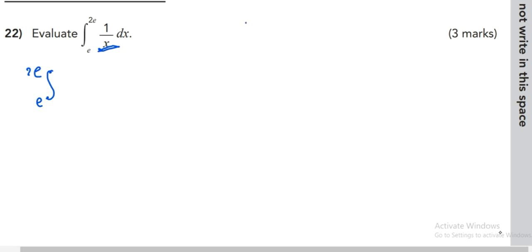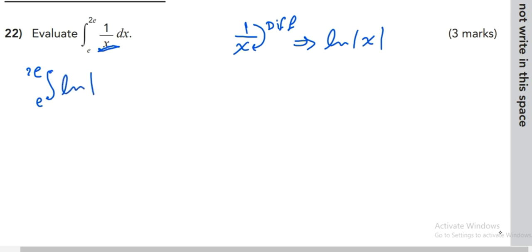Here if we have a fraction like this, 1 over x, and the numerator is the differentiation of the denominator, then the integration will be ln of the denominator, but don't forget to put the absolute value sign. So the integration of 1 over x equals ln absolute value of x.